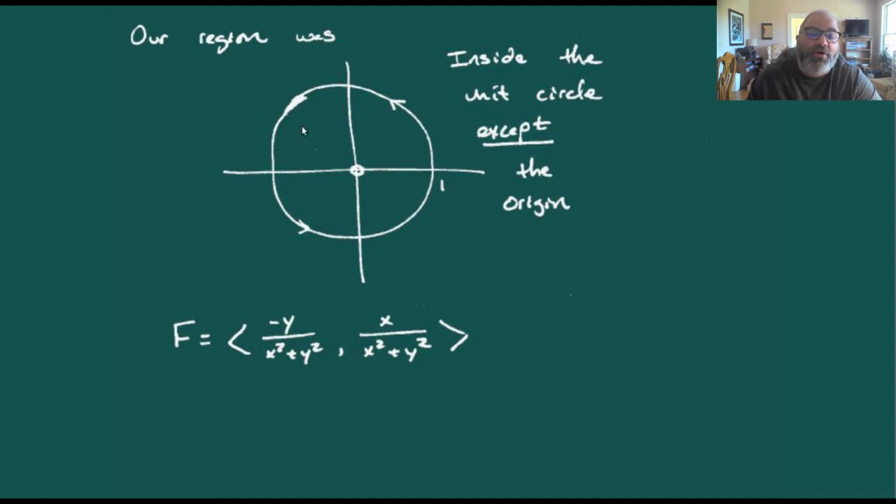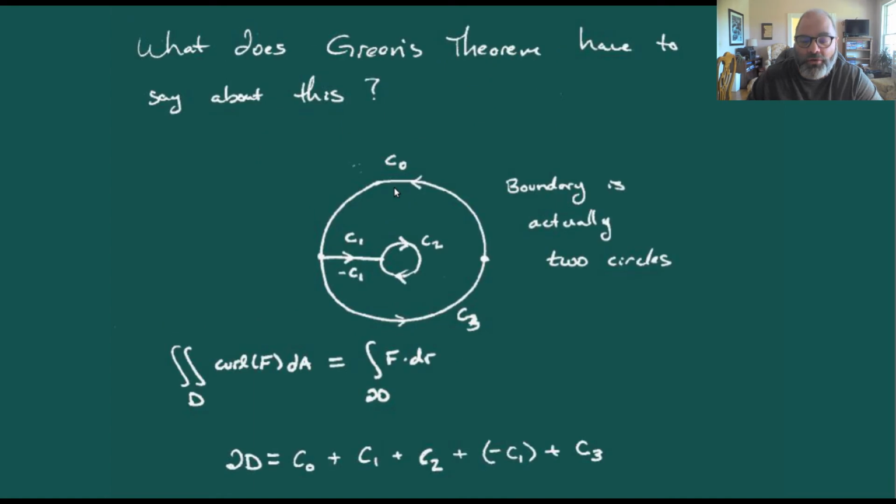And so this region is not simply connected. If I put a loop around there and try to contract it down to a point, I can't, because I'm missing the origin. I can't get around that origin. It's a hole that's there. That's the thing that's really causing the problem. My region has a hole in it.